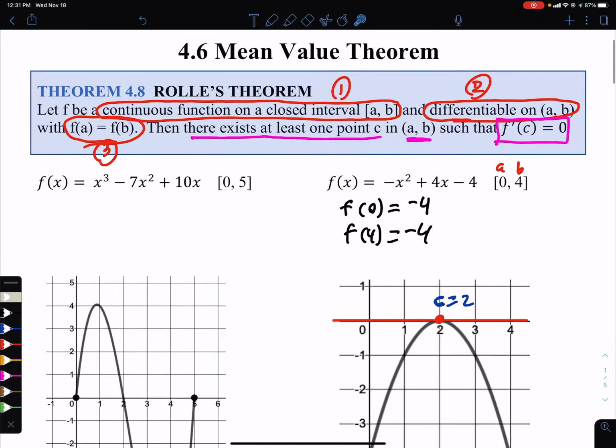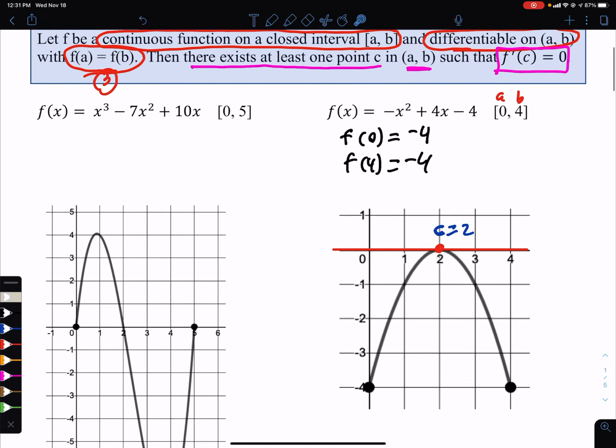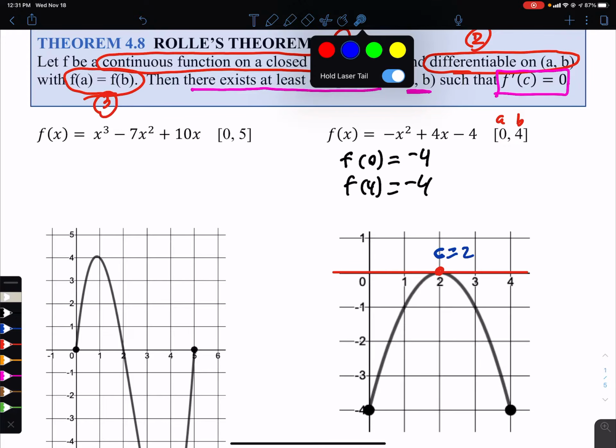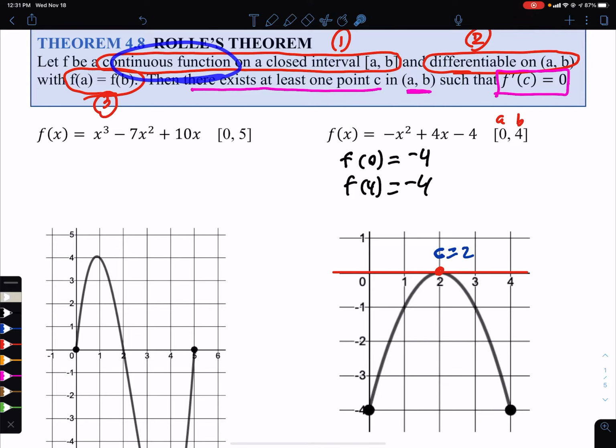So let's apply this to the one on the left. So, continuous. Well, all polynomials are continuous. 1 is done. Differentiable. Polynomials are differentiable everywhere. That's done. Third, f of A must equal f of B. So I need to find f at the left endpoint and f at the right endpoint.